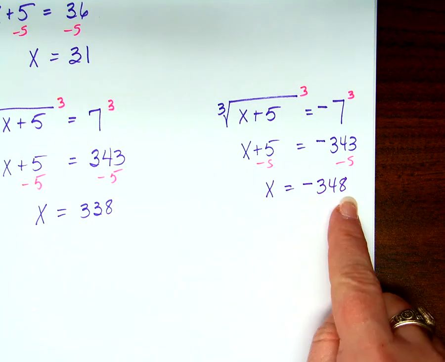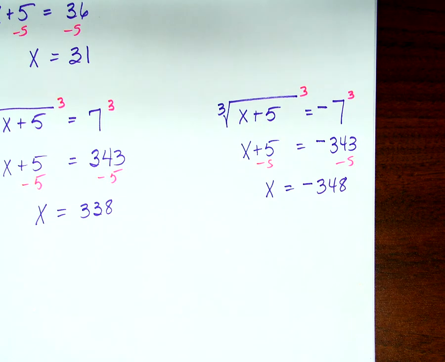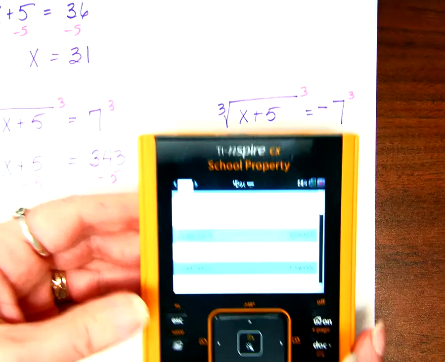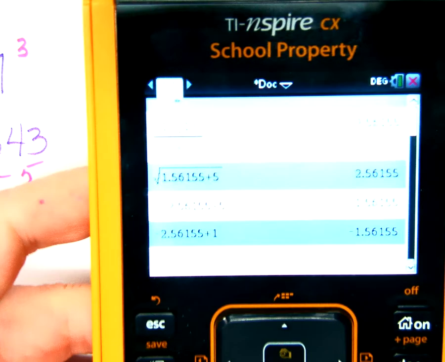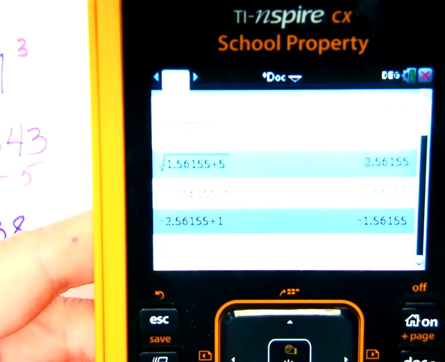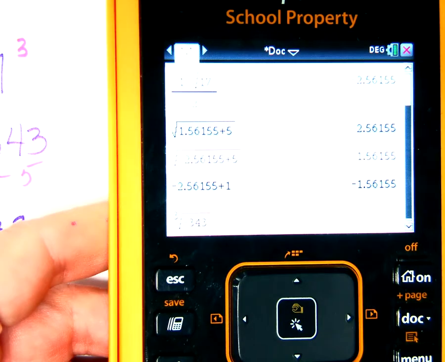What is negative 348 plus 5? Negative 343. Also, I'm going to make sure you know how to do this in your calculator just in case, okay? The cube root of negative 343. Oh, why can you not even see that?